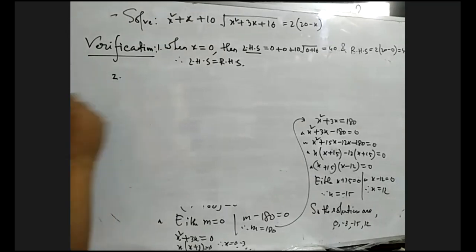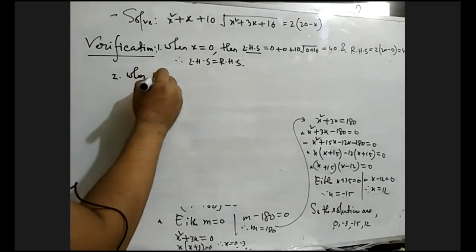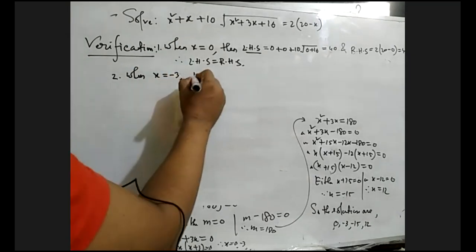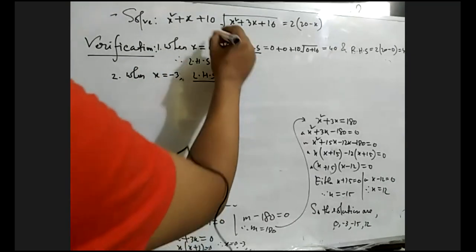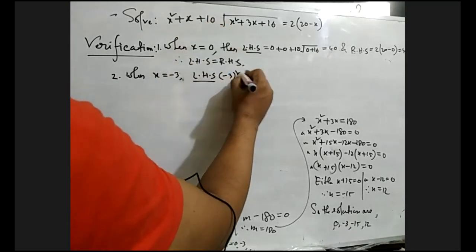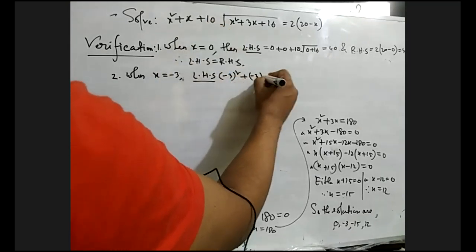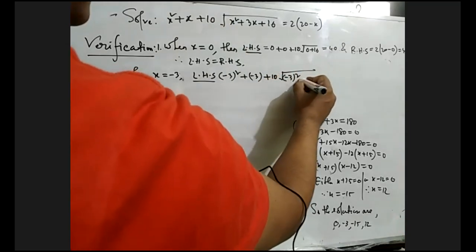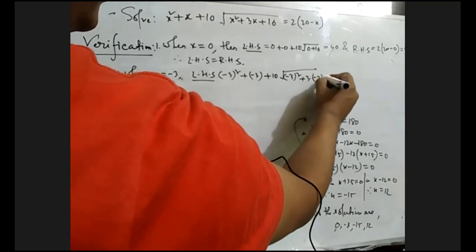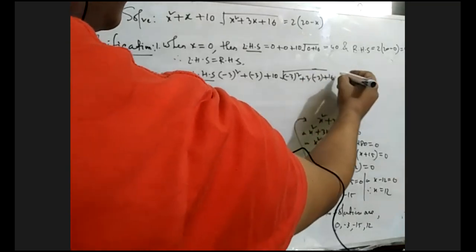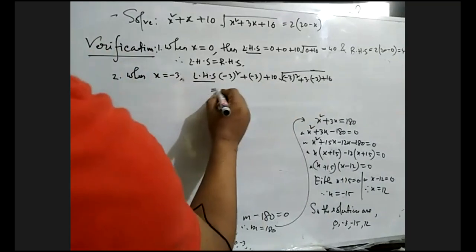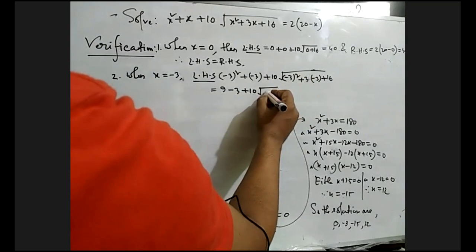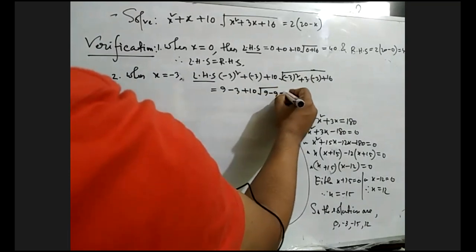Now for the second one, when x equals minus 3. Left hand side: minus 3 whole square plus minus 3 plus 10 root over minus 3 whole square plus 3 into minus 3 plus 16. This can be written as 9 minus 3 plus 10 root over 9 minus 9 plus 16.